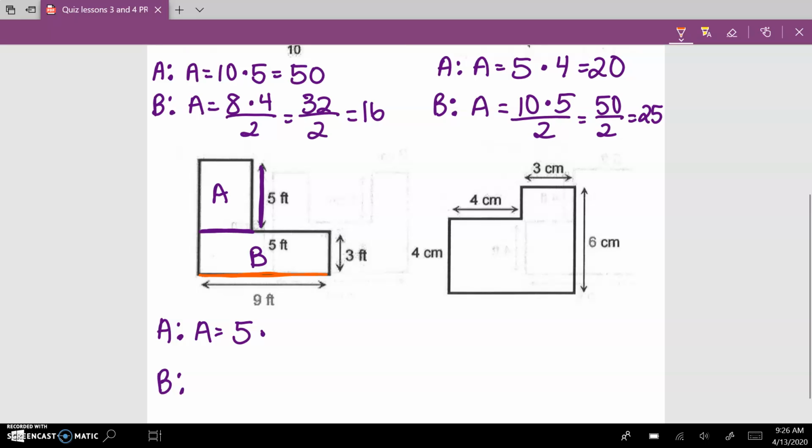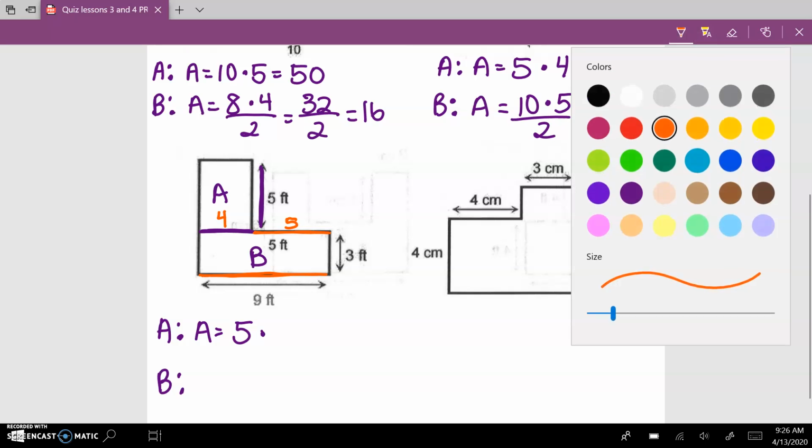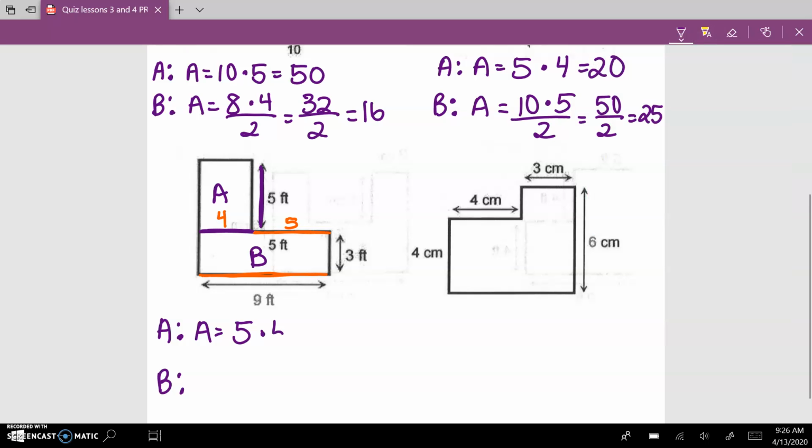And up on the top part, from the edge to where the purple starts, this is 5. So you have to think, 5 and how many more would give me 9? That would be 4. So to find the area of shape A, I'd do 5 times 4, which would be 20.